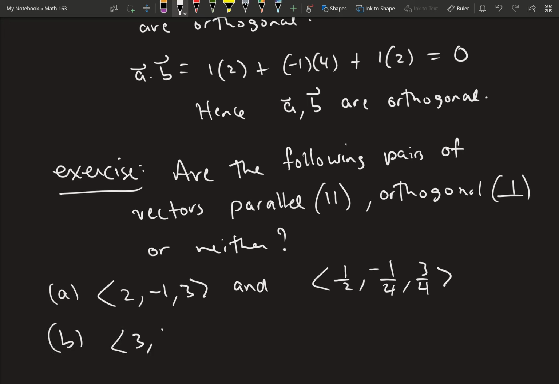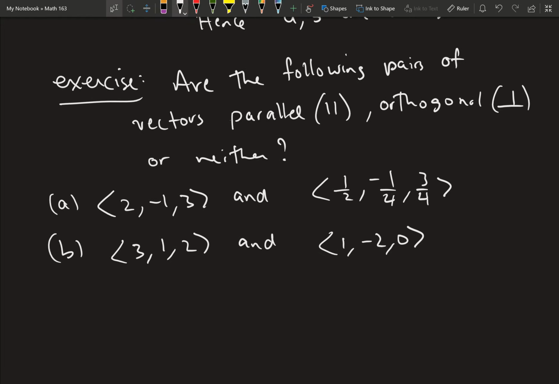This is 3, 1, 2, and 1, negative 2, 0. And last but not least, 2, 3, minus 1, and negative 2, 1, negative 1.